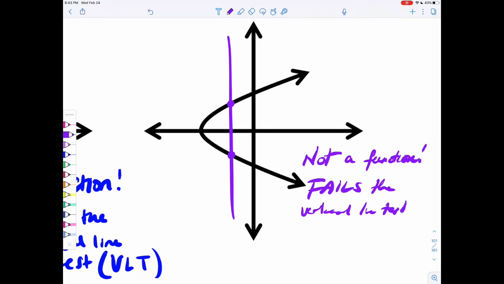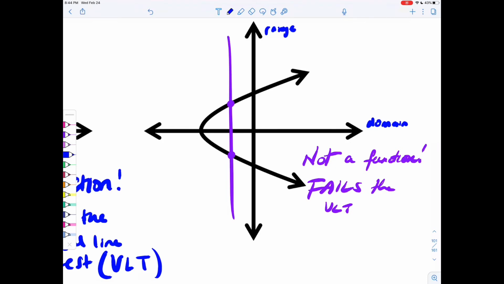I tried to write it quickly, and I just ruined everything. I'm just going to write the vertical line test. Okay, so something to keep in mind. Remember in previous units we said something is a function if every element of the domain only corresponds with one element of the range. When we're graphing, our domain is always expressed on our x-axis, and our range is always on our y-axis.